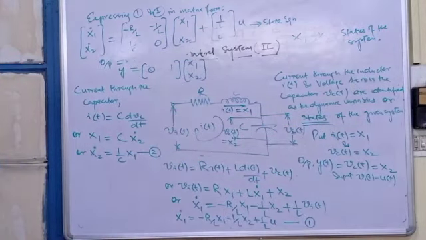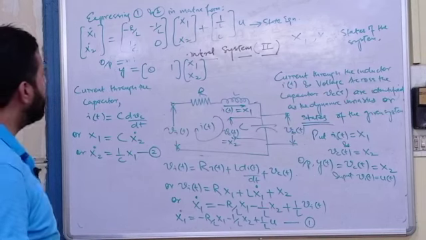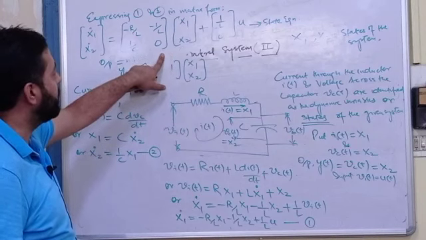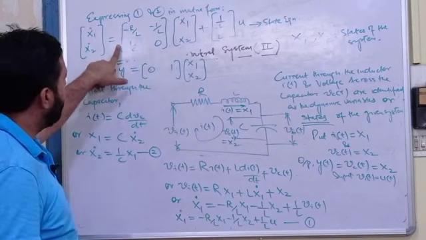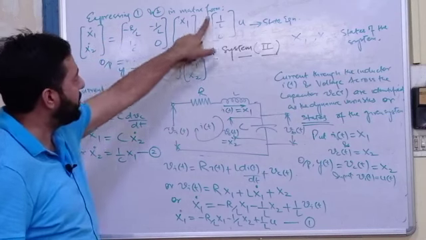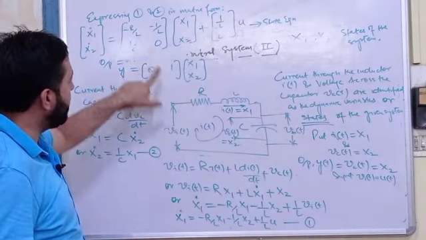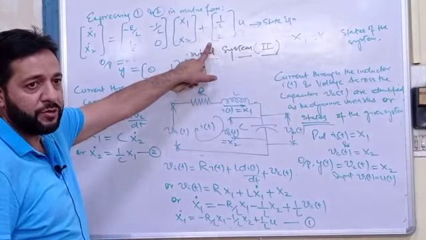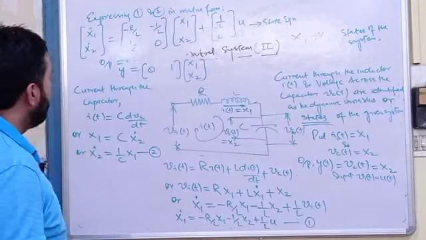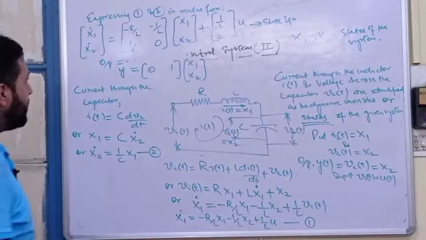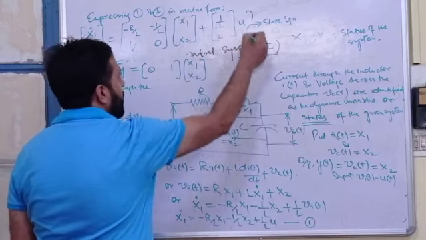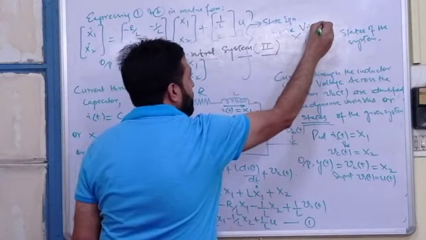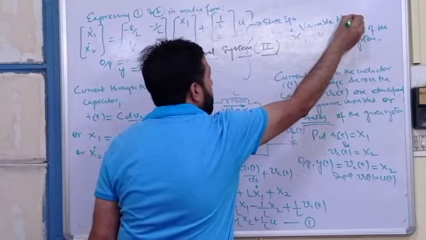These matrices actually comprise the system parameters R, L, C, the system constants. So this is known as the state space model for this system. The whole model we will call its state space or state variable model, which is again the same as the state space model.